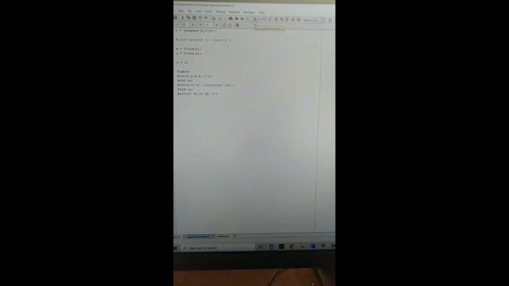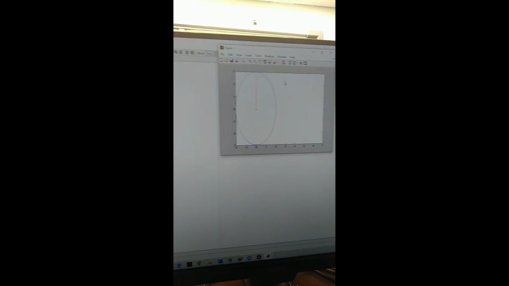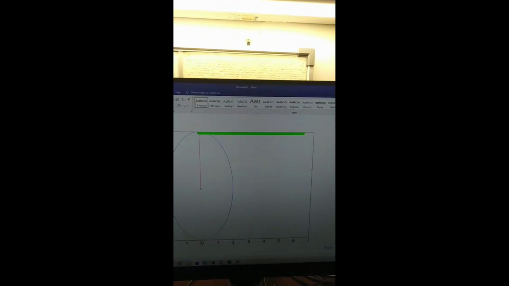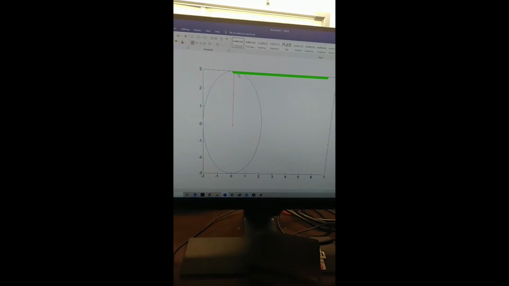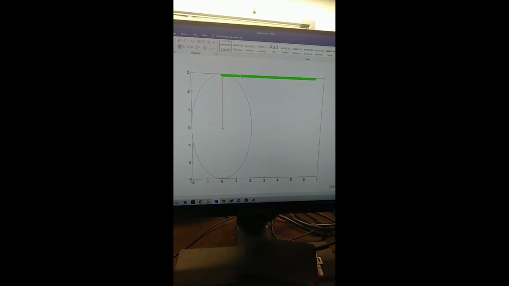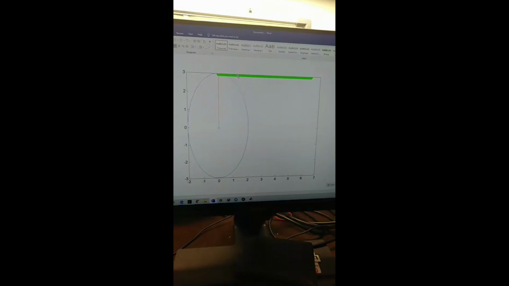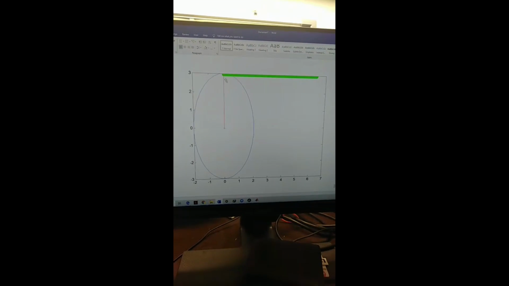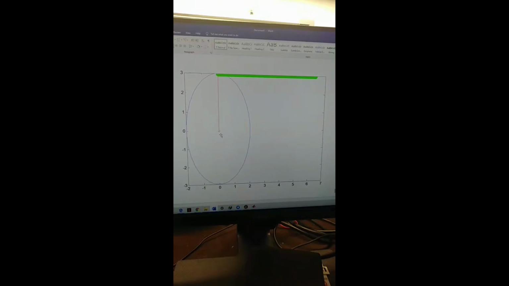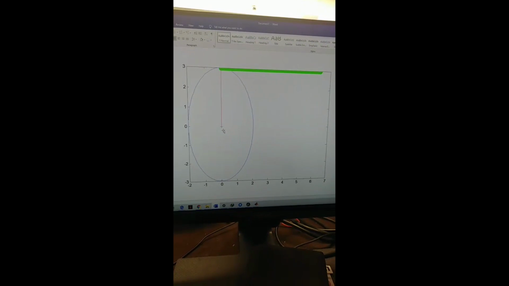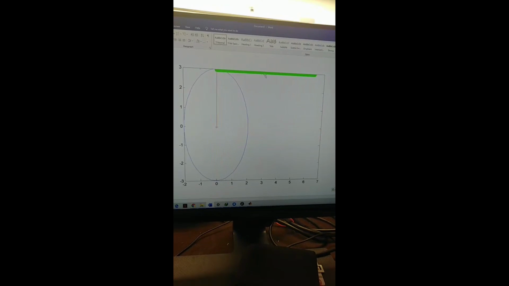When we plot the graph, we get the graph like this. The green line is the tangent of the graph, which indicates the velocity vector, and the red line is the acceleration vector, which is perpendicular to the velocity vector.